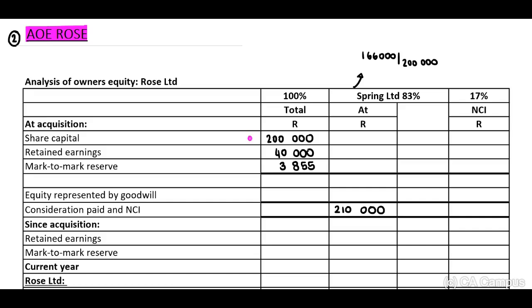Share capital 200,000. Retained earnings 40,000. Mark-to-market reserve 3855. And they've indicated to us that the consideration paid is 210,000. Remember, our NCI is based on our proportionate share. Therefore, our NCI will not share in any goodwill.